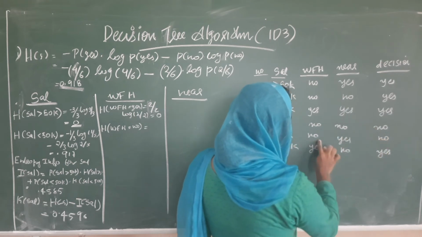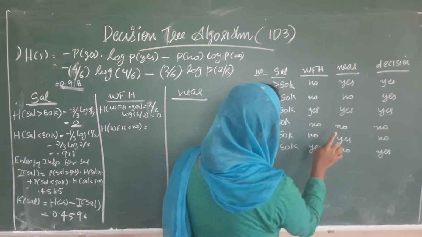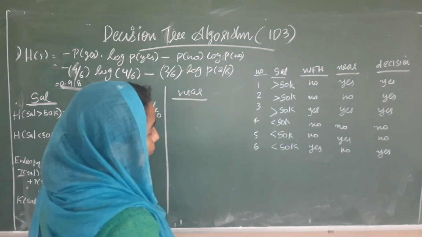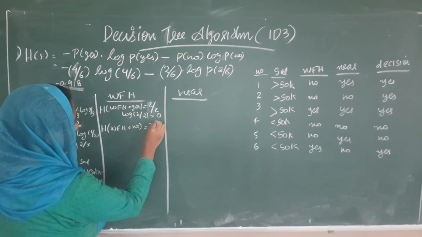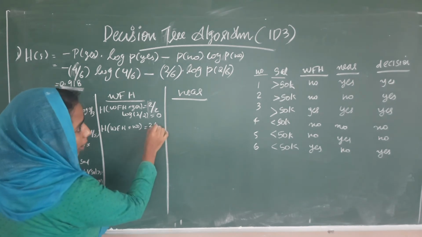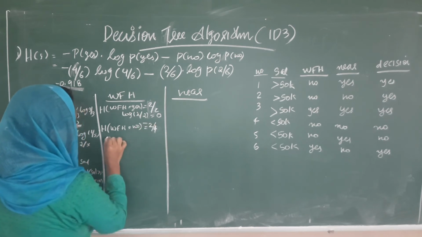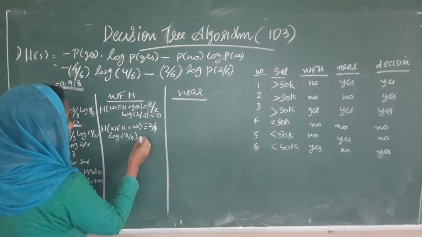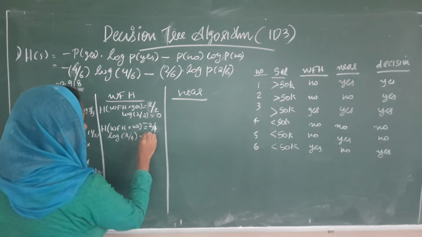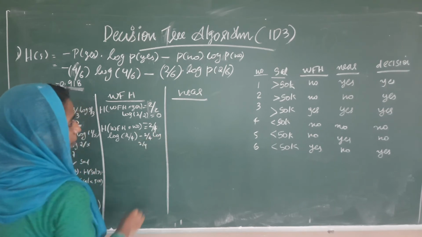Here there are 4 cases, out of which 2 are yes and 2 are no. So the probability is 2 by 4: minus 2 by 4 log 2 by 4, minus 2 by 4 log 2 by 4, because this is 50-50 probability.